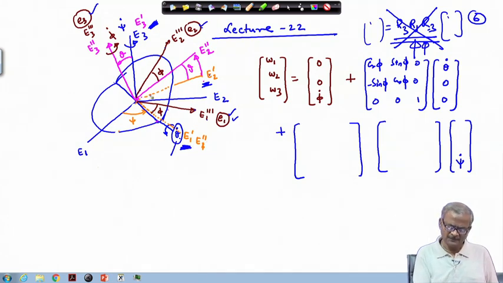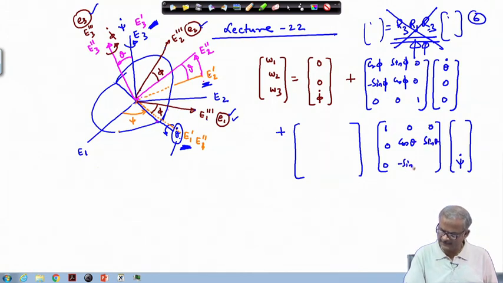Therefore, I rotate it by theta first, this is my first rotation, about the x axis. So I write it like this, and this rotation is by theta: cos theta, sin theta, minus sin theta, cos theta.